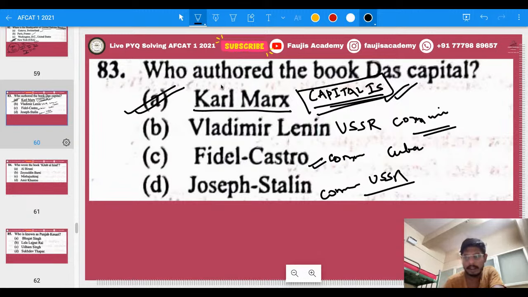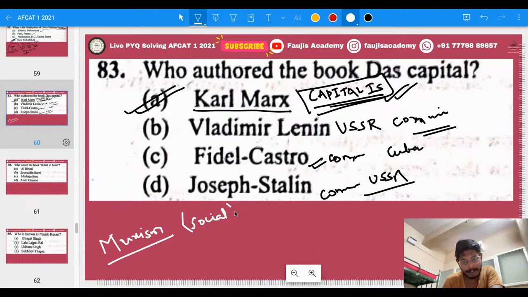He eventually gave birth to a new line of thought called Marxism, which can be said to be some version of socialism. It is very closely related to socialism as well.